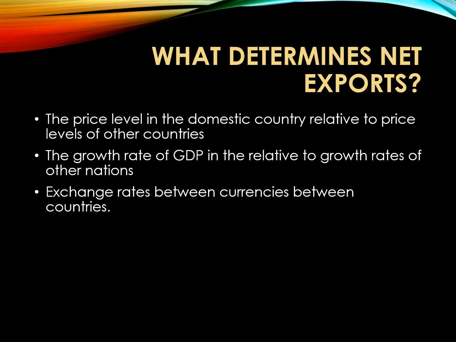The first one is prices comparatively between the rest of the world and the domestic country. So if the average prices of goods and services in a foreign country or the rest of the world are lower than they are in the United States, then we tend to import more. And foreign countries, if our goods are more expensive, we're going to export less because they're purchasing less.